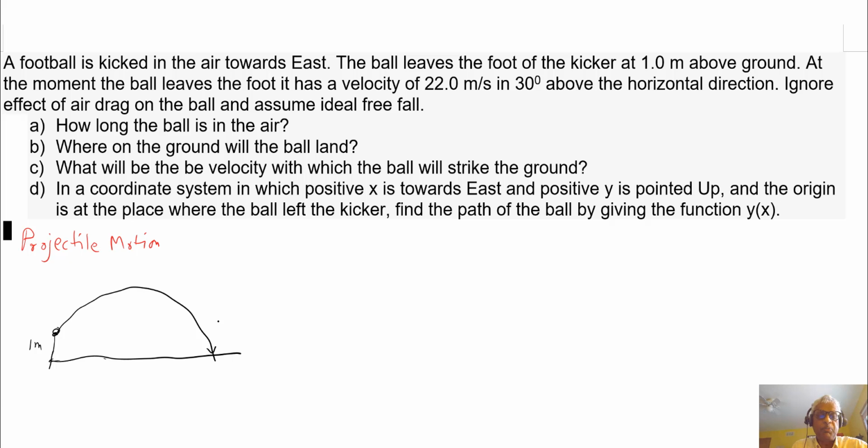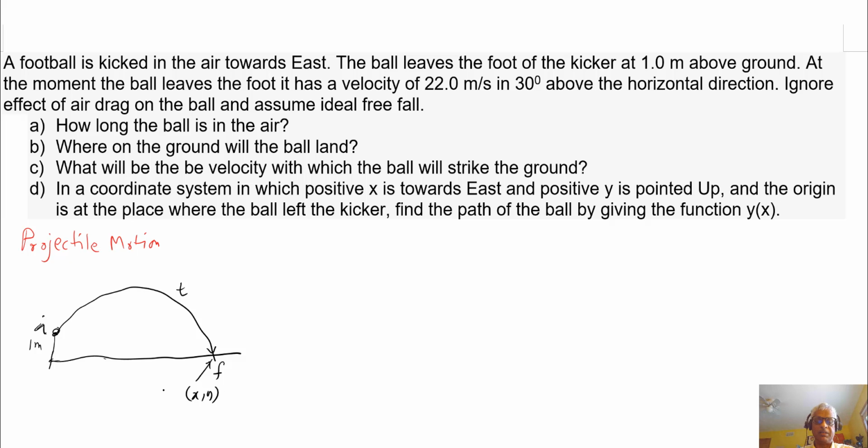Okay, so you probably know that this is a vector problem in which a good strategy is to separate x and y components of the velocity vector, acceleration vector, and the vector for the initial position and the vector for the final position, which means we need to pick a coordinate system.